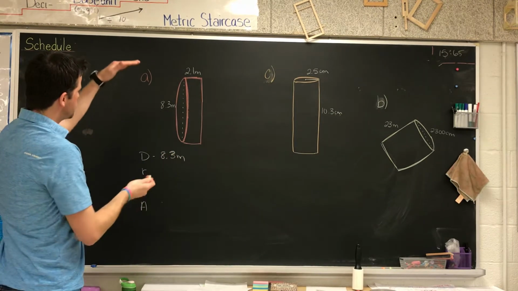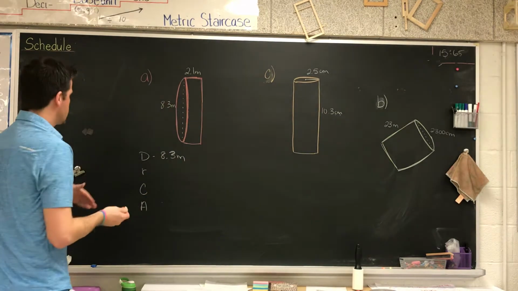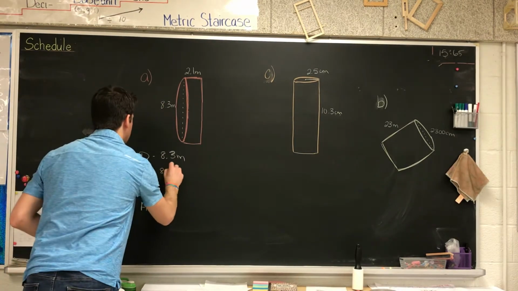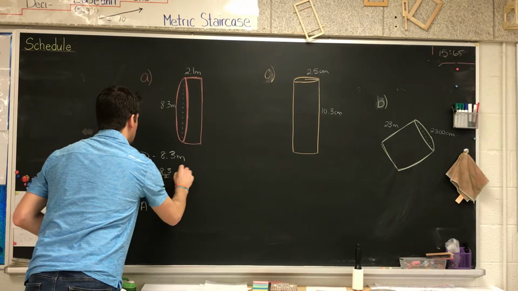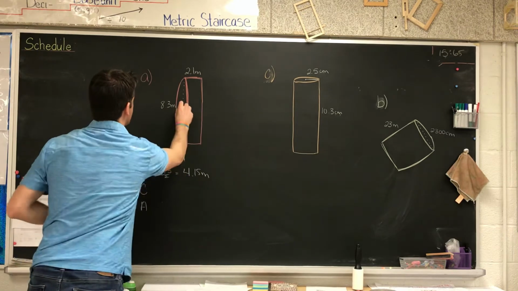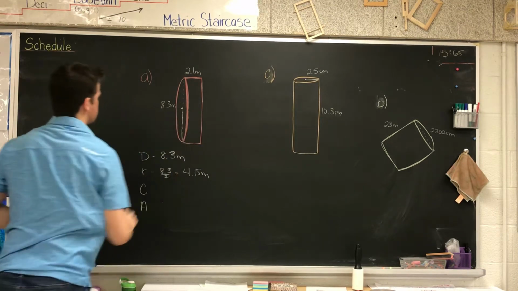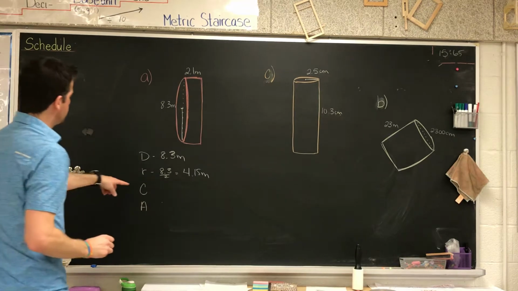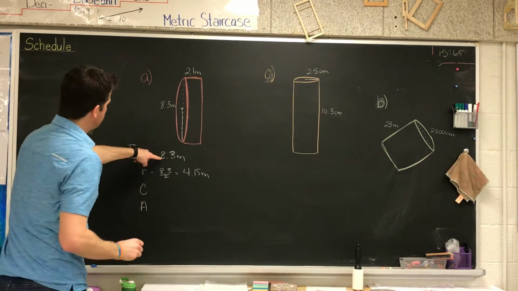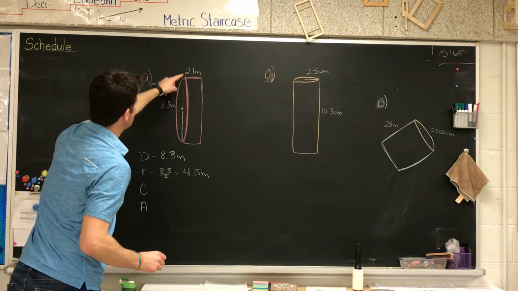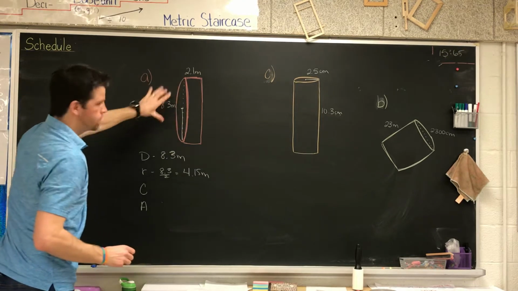We know that the radius of a circle is half the diameter. So that is 8.3 divided by 2, which is 4.15 meters. That's the distance from the center of the circle to the outside of the circle. That's important to find the area a bit later on. To find the circumference, we know it's diameter times pi, because pi is the ratio of the distance around a circle to the distance across a circle.